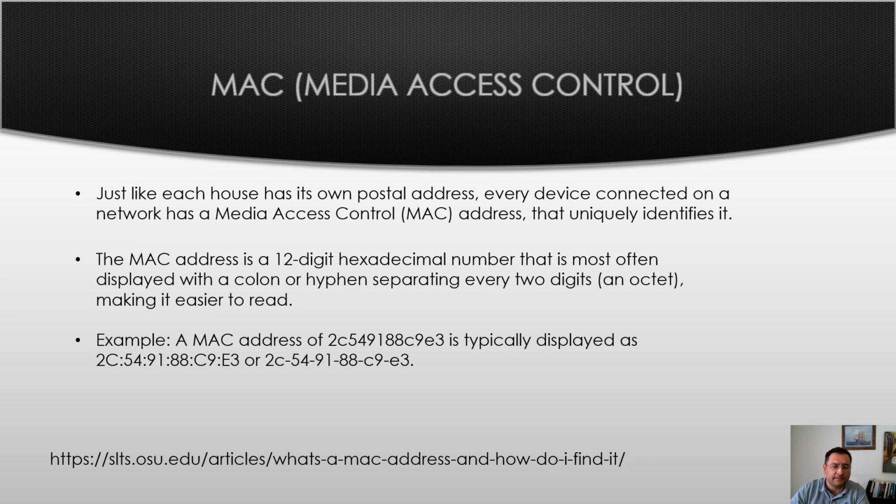So in this example, we see a MAC address, and this is typically displayed as 2C:54:91, and so on and so forth. So this indicates that the exact address of your computer's network controller has a unique Media Access Control address.